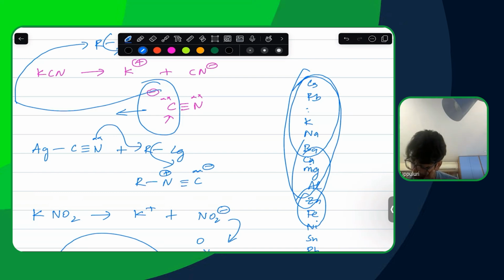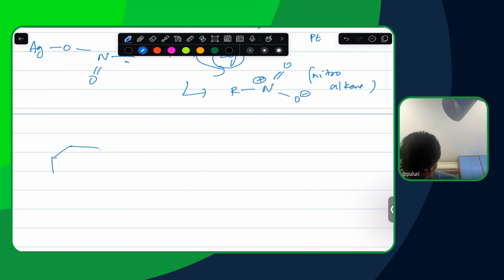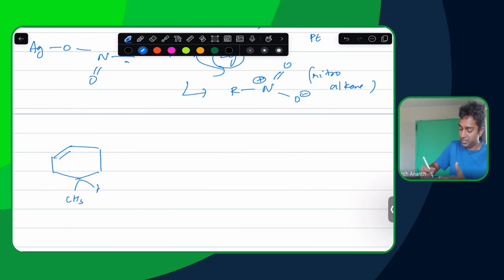So they won't be the same, no? What are the possibilities for A and B in the third? Double bond being from there and there. Is there a difference if I put it like this or like this?